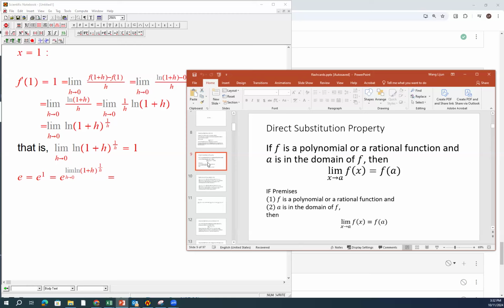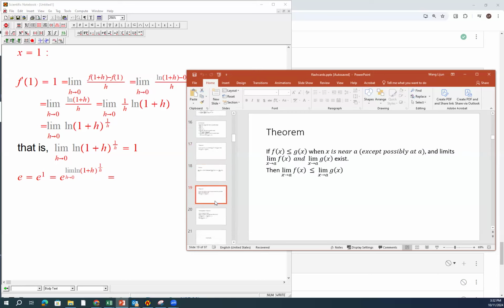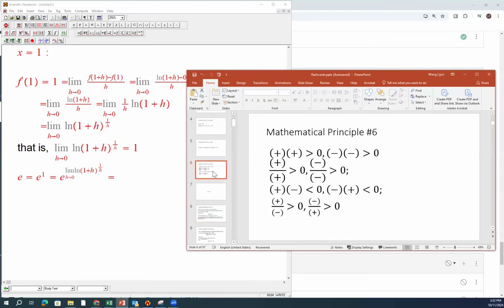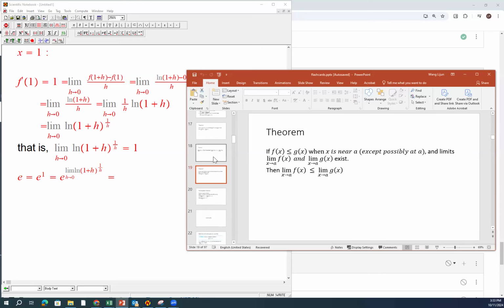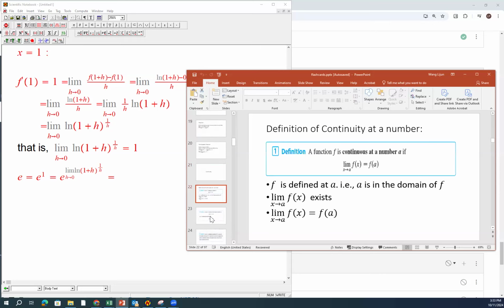At the time we talked about it, it's a very important result, and now we're going to use it again. Just give me a second. This is about a limit being brought in and out through a function. Let's see. Okay, continuity. There we go.